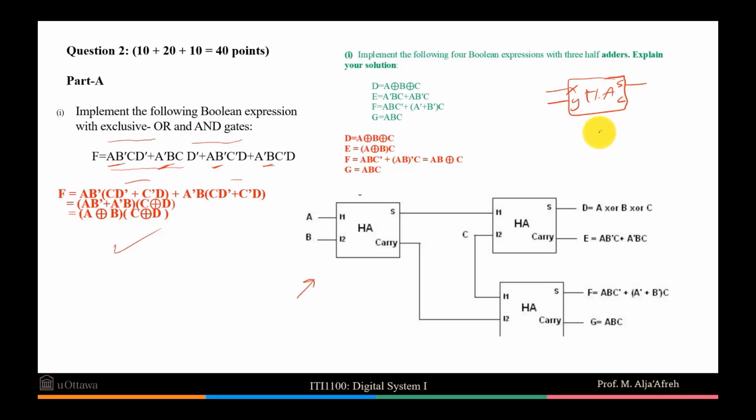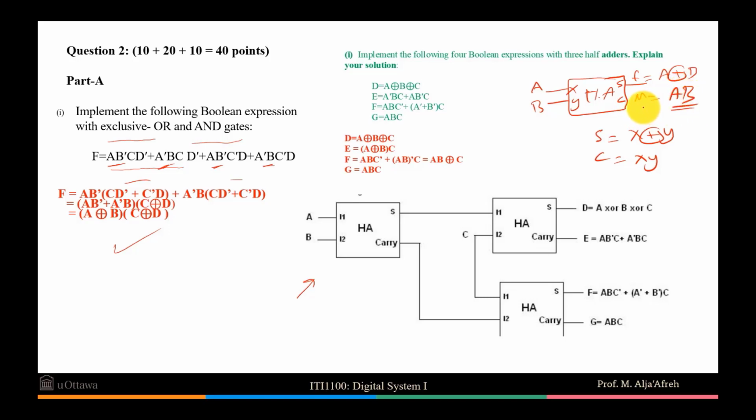The sum function was equal to X XOR Y, and the carry out was equal to X AND Y all the time. So if I connect A and B here, what will F be? F is going to be basically A XOR B, and the carry out, let's name it M, is going to be A AND B.